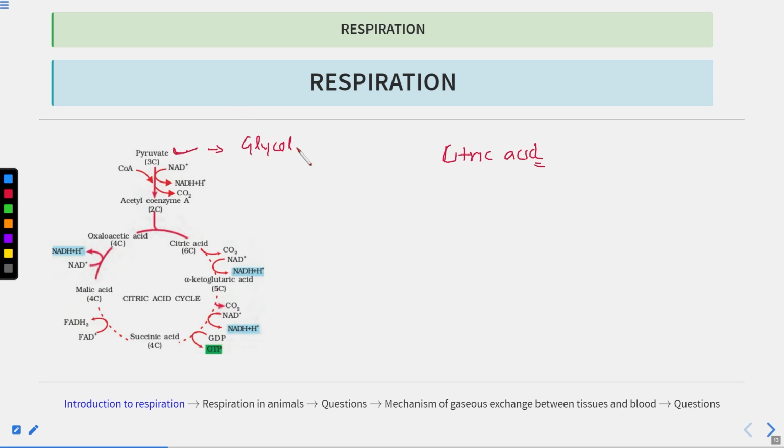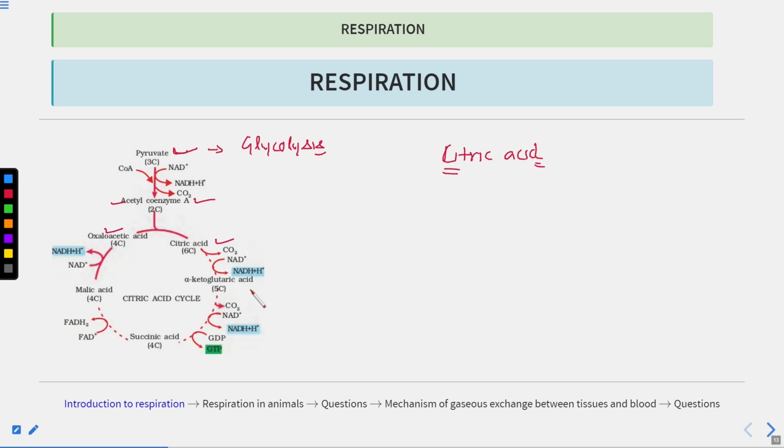So at the end of the glycolysis, glucose is converted into pyruvate. Then pyruvate is first converted into acetyl coenzyme A. Then this acetyl coenzyme A takes part in the citric acid cycle. And I have told you acetyl coenzyme A combines with the oxaloacetic acid and the first compound formed is the citric acid. That's why this cycle is also known as citric acid cycle.